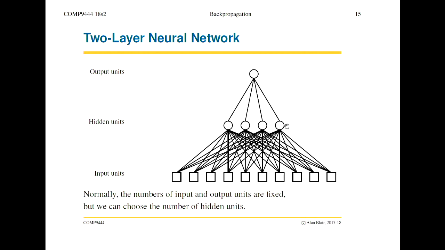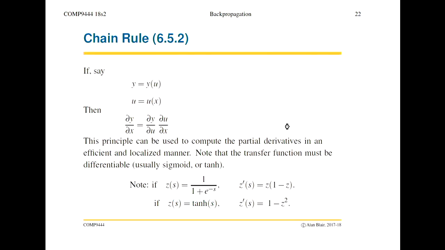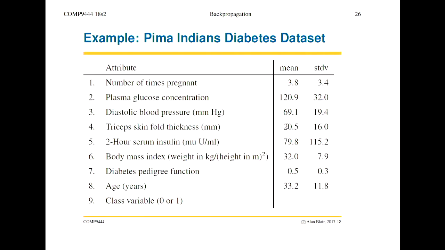So there's this kind of distortion, and in order to get rid of that distortion, what we often do is rescale all the inputs so that they all have roughly the same scale. If you look at these standard deviations, they don't vary too much. But this one here varies by 115, and this varies by 0.3.